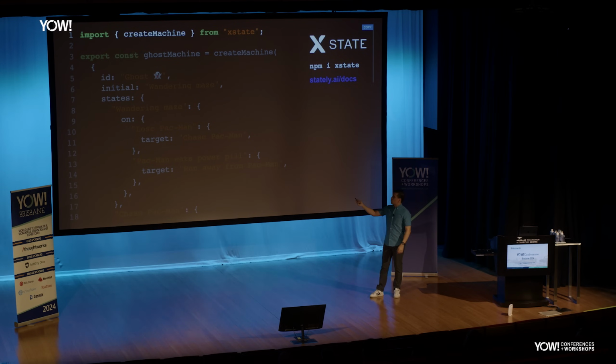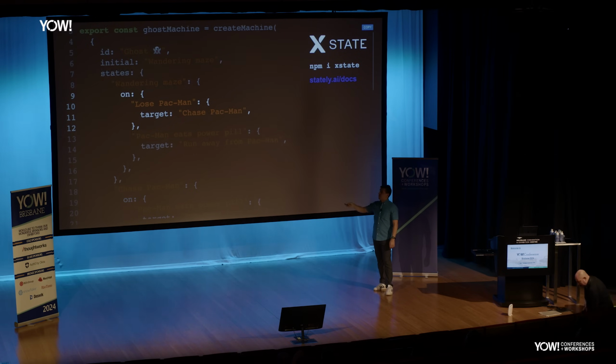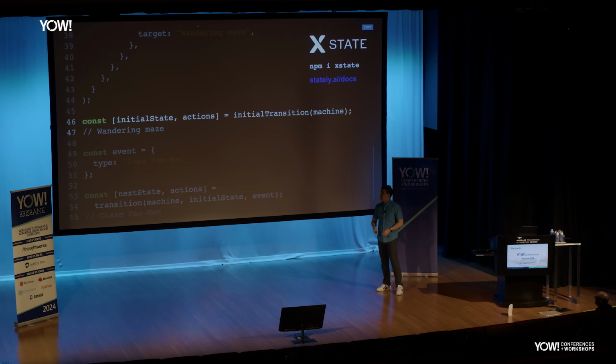So it starts with create machine, and then you pass this JSON object, which has an initial state, and then a mapping of states, such as wandering a maze or chasing Pac-Man, and then different transitions. So for example, when we're in the wandering maze state on lose Pac-Man, then we go to chasing Pac-Man. And so all of this represents the behavior of, for example, one of the ghosts in the game.